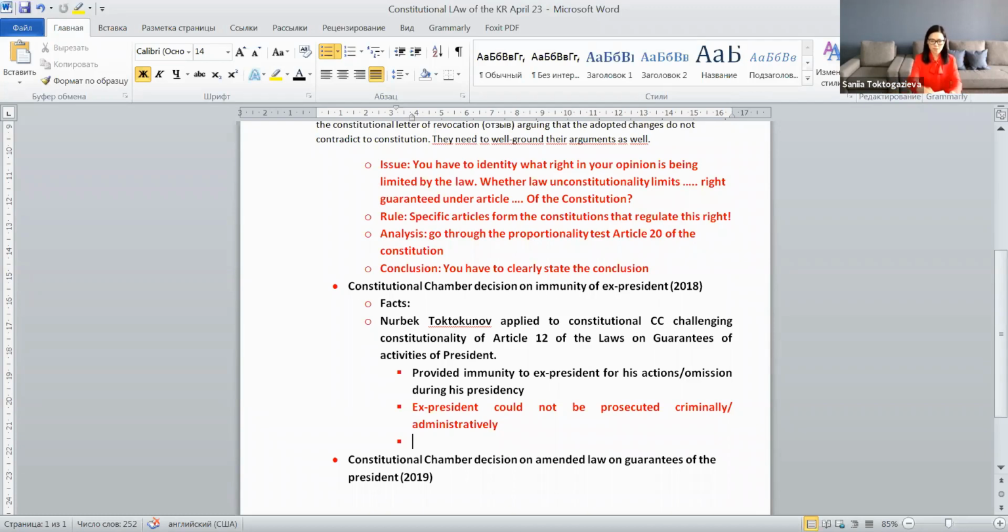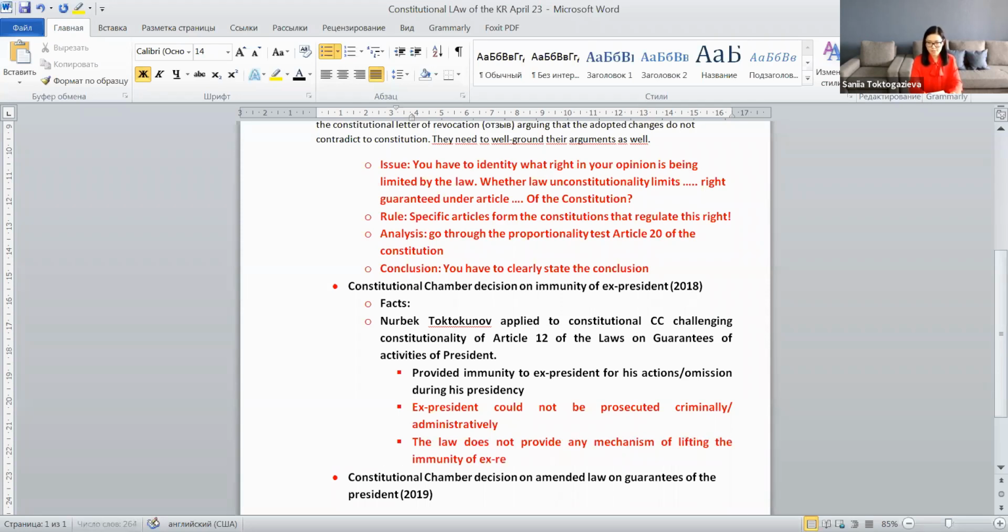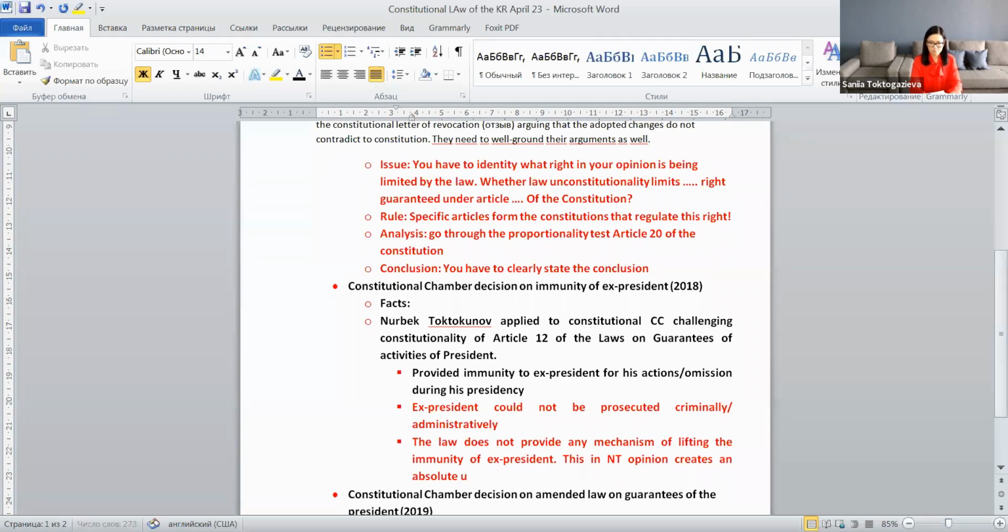So the law does not provide any mechanism of lifting the immunity of the ex-president. Absolute means what? That the immunity cannot be lifted and you cannot hold the person accountable.